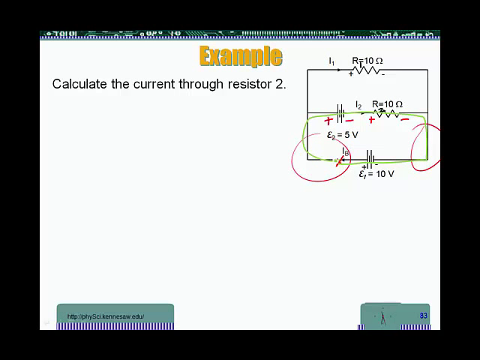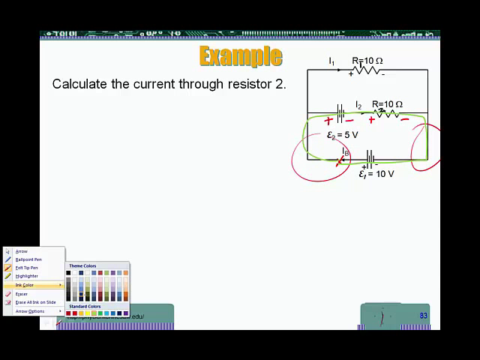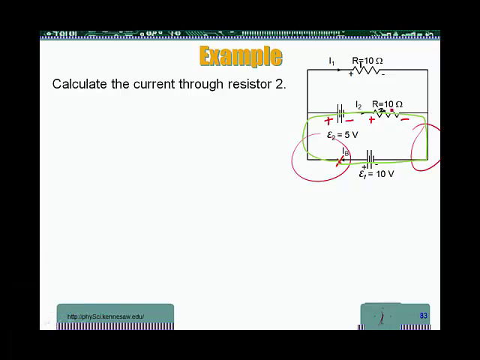And that might be sufficient for working out the problem. Just to make sure we are on the right track, let's finish our requirements. R2 I2, that's the voltage drop here. R1 I1 here. We'll worry about that later if we need it.